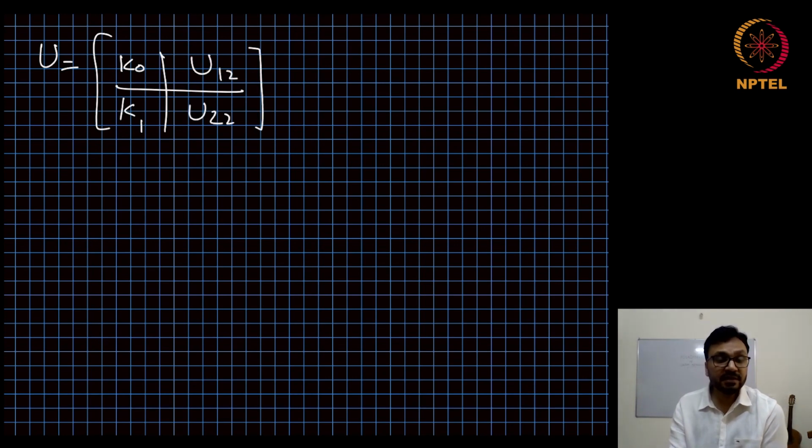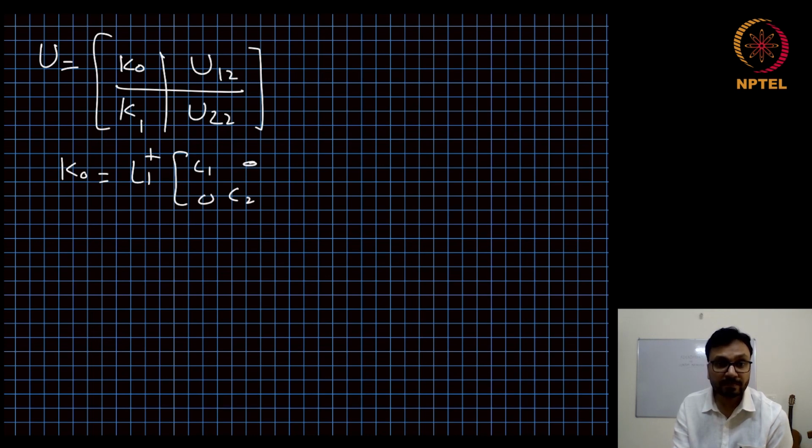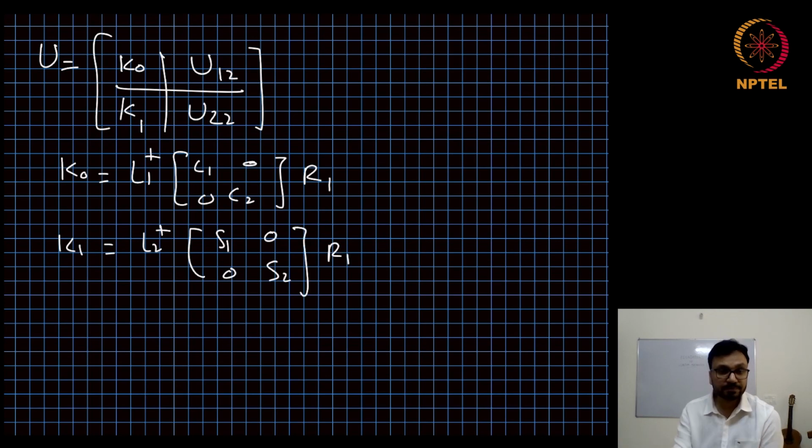By comparing this with the earlier discussion, we can see that K0 is L1 dagger, cos theta 1, cos theta 2, R1, and K1 is L2 dagger, sin theta 1, sin theta 2, R1. So K0 and K1 are given to us.